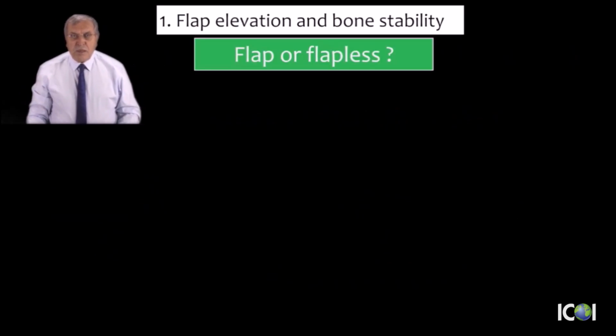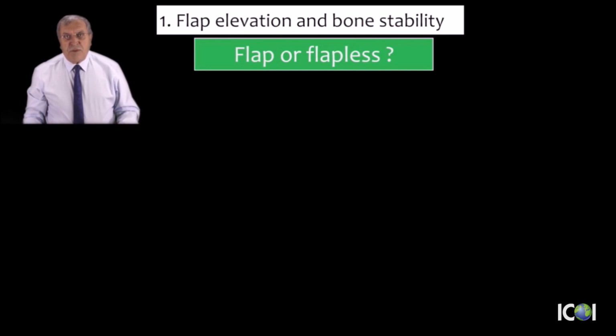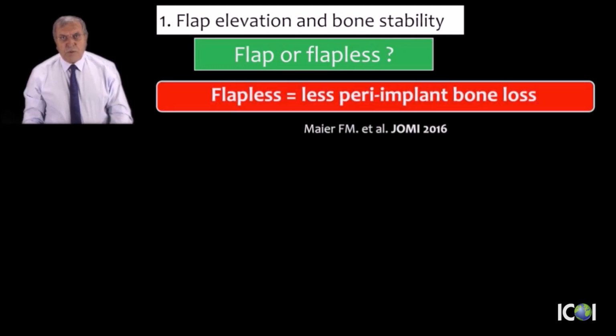First is the analysis of the flap elevation. We know that when we raise a flap, we lose bone. And then the question is, is it better to do a surgery flapless or not? We can ask the literature. Some authors will say flapless will be followed by less peri-implant bone loss.